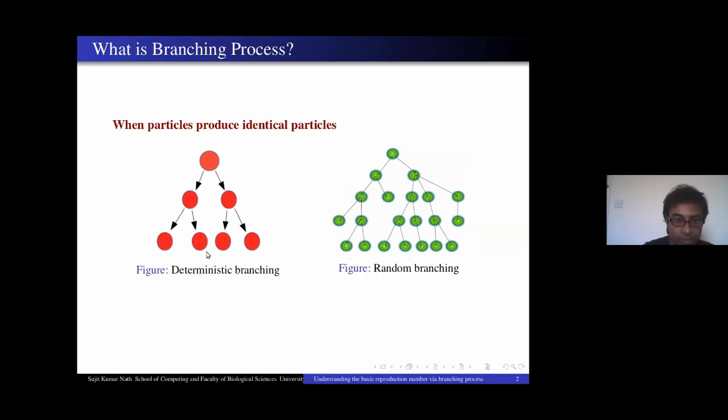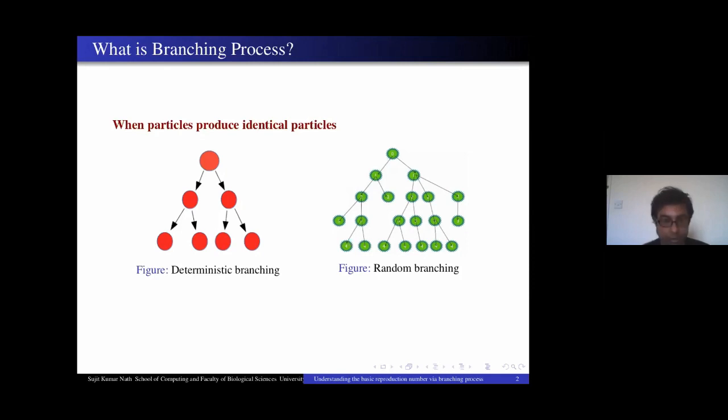This is called a deterministic branching process, and it is very easy to track the population size after the nth generation. In this case it is 2 to the power n.